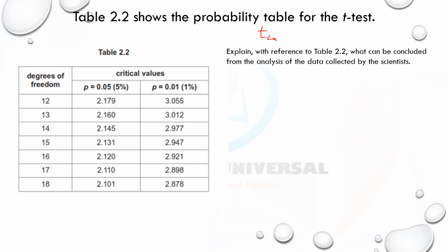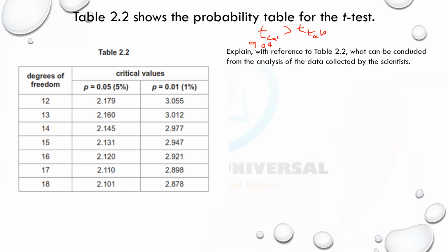If that t-cal is greater than t-tab, the tabulated value, then reject the null hypothesis. Reject it. Our t-tab is, I think, 9.043.